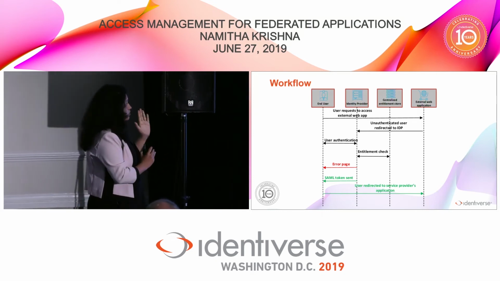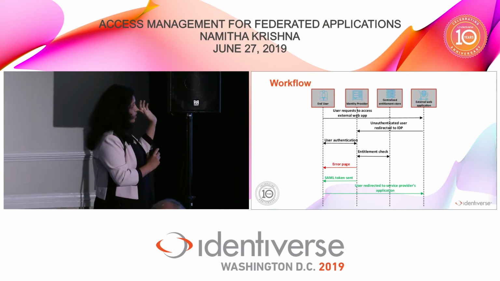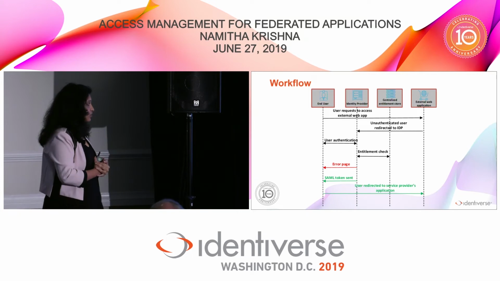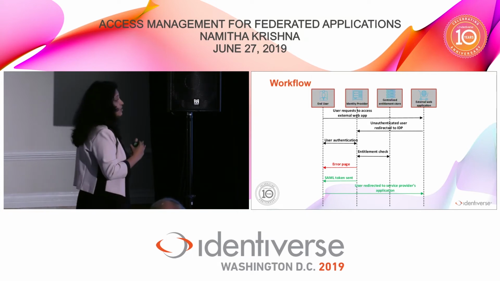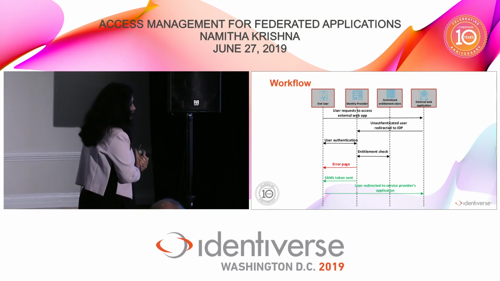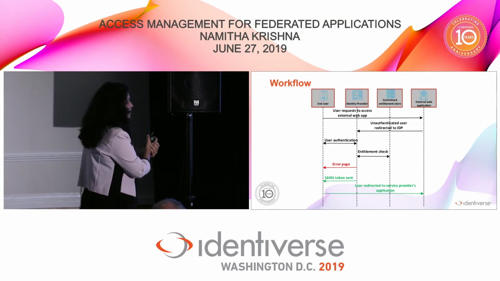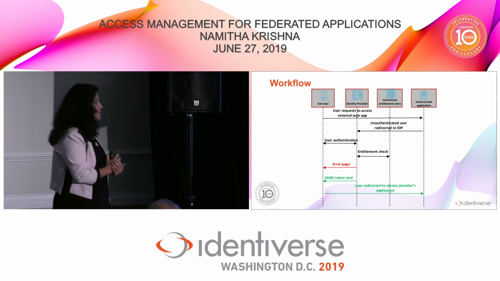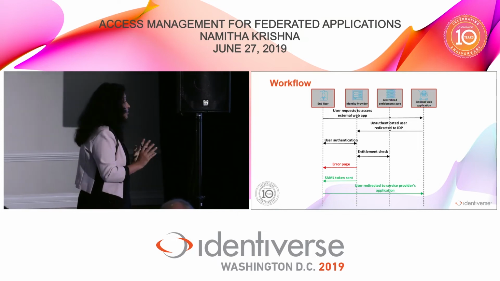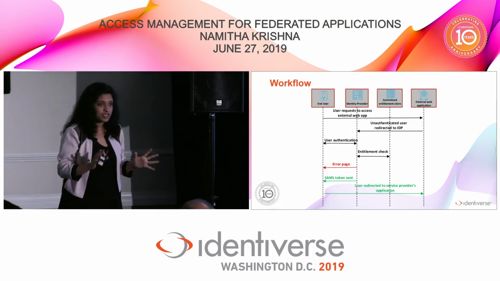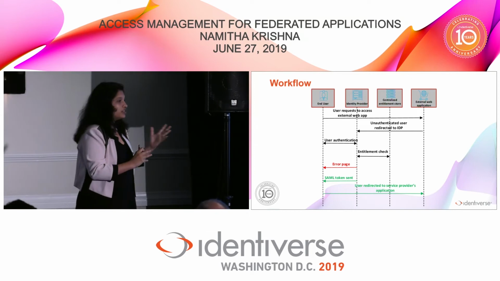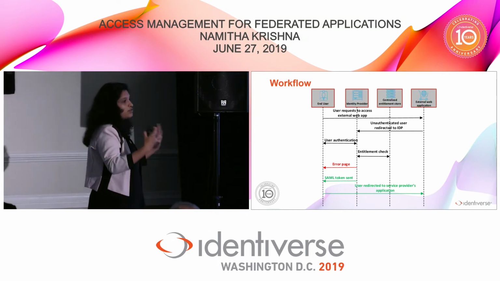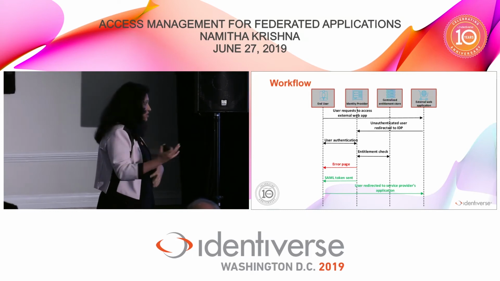Also, the identity provider makes one extra call to the centralized entitlement store to figure out if the user is authorized or not. Based upon that authorization decision, if the identity provider decided that the user must not be allowed to access this application, then the transaction is aborted and an error page with a meaningful error message is displayed saying you're not authorized to access this application, go to this place to request entitlements, or if you still see this problem, then go to the operations team or whatever.